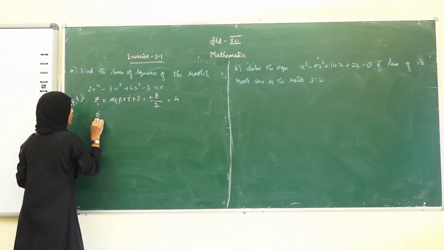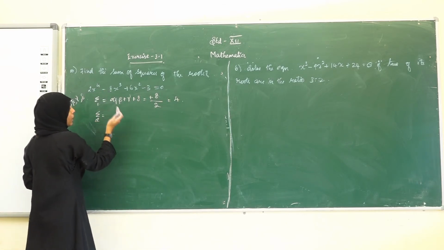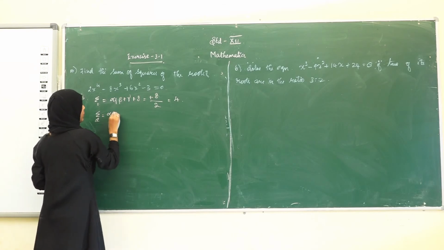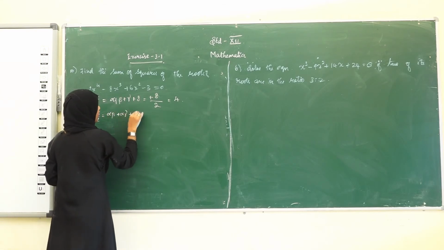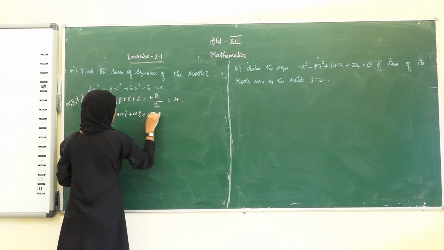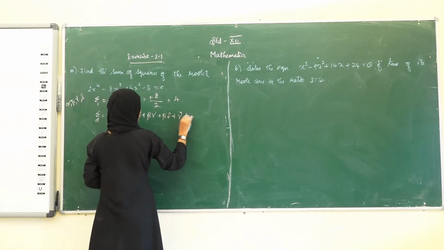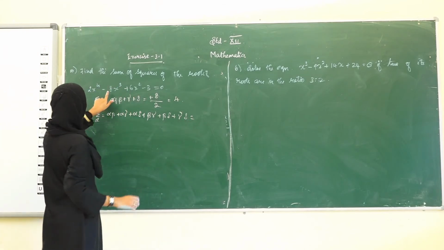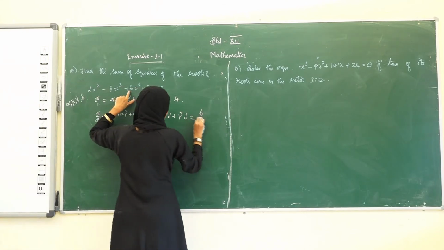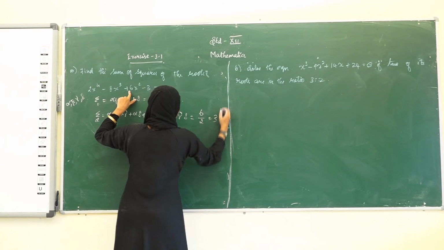Again summation 2, that is alpha beta plus alpha gamma plus alpha delta plus beta gamma plus beta delta plus gamma delta, which is equal to 6 divided by 2, what we get is 3.